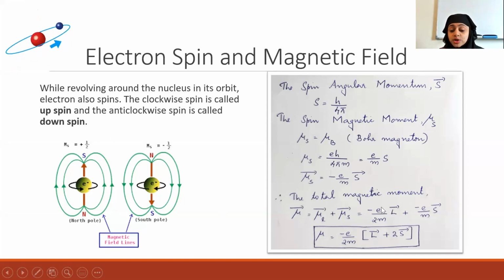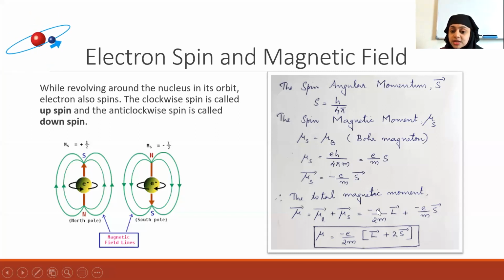So here, what I'm going to do is I am taking minus e by 2m out of the bracket. So here I don't have e by 2m. So what I have done is I have multiplied with 2 and also divided with 2. So the 2 with which I multiplied this term, I have taken it along with S, and the one which I have put in the denominator, I'm taking out along with e by 2m.